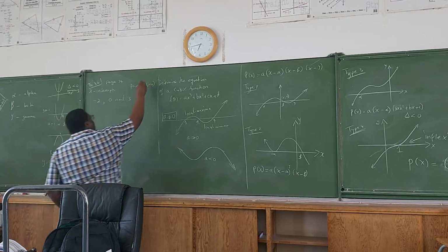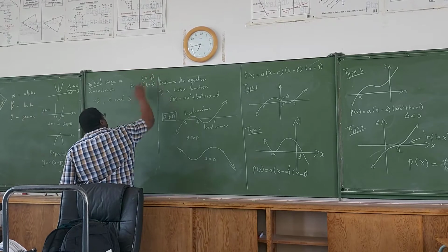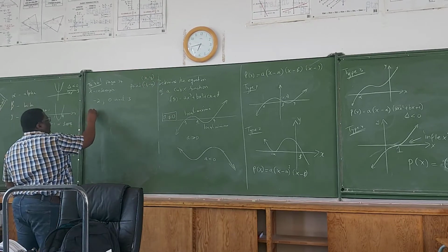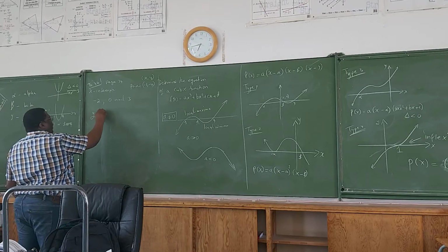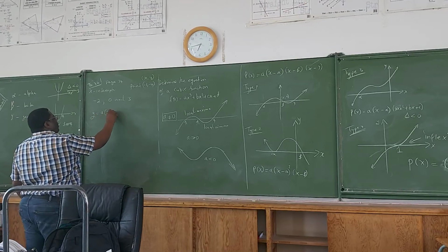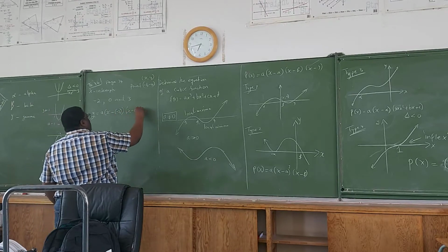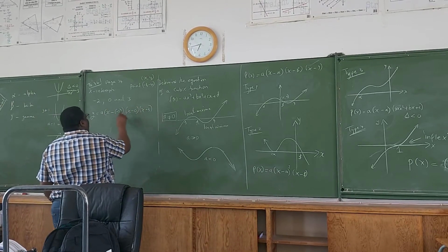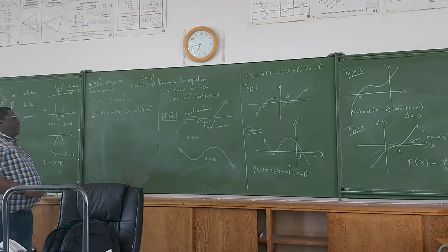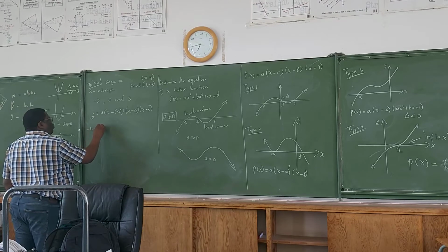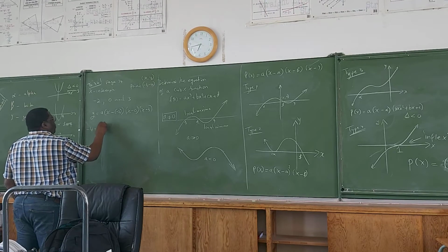So this is that extra point that we are going to have. Right, so it's that first type. So it's going to be y equals a times x minus negative 2, x minus 0, x minus 3. It's always minus. Okay?